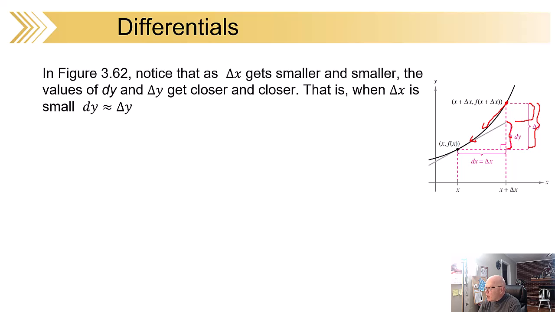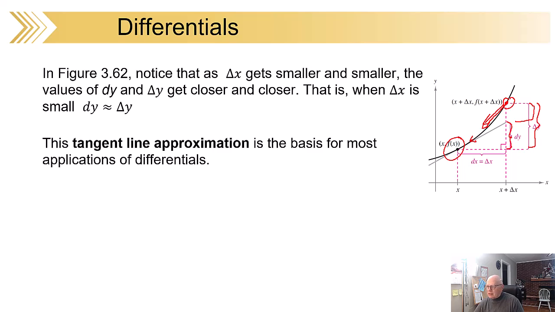Not very close. If we bring this point right here closer to the original point there, the difference between those two won't be as great. So take a look at this. The tangent line approximation, that's this tangent line right here, is the basis for most applications of differentials.